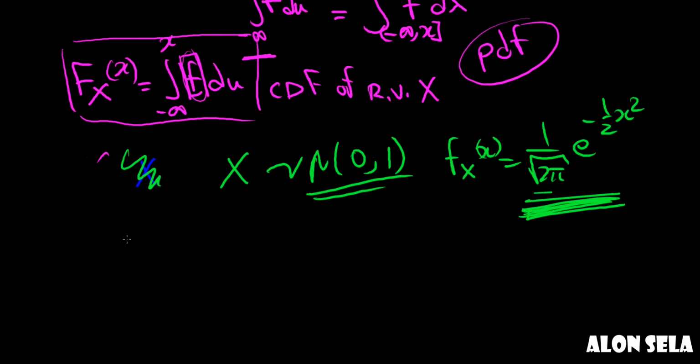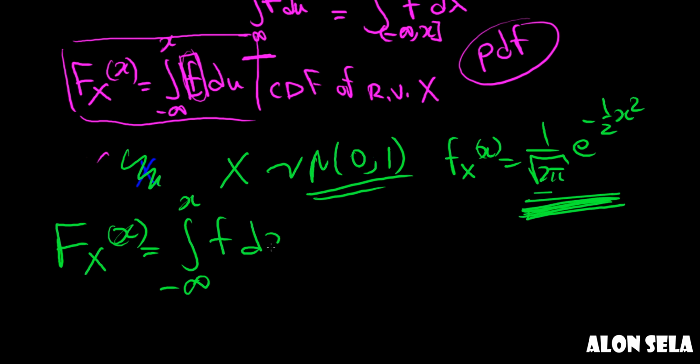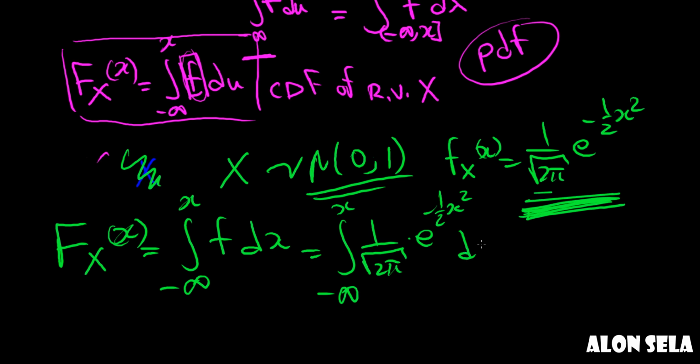Why? Because we can write the CDF, the cumulative distribution function of X, as the integral from minus infinity to, let's substitute x, of f dx. And now we know that this f is 1 over the square root of 2 pi times e to the minus 1/2 x squared dx.